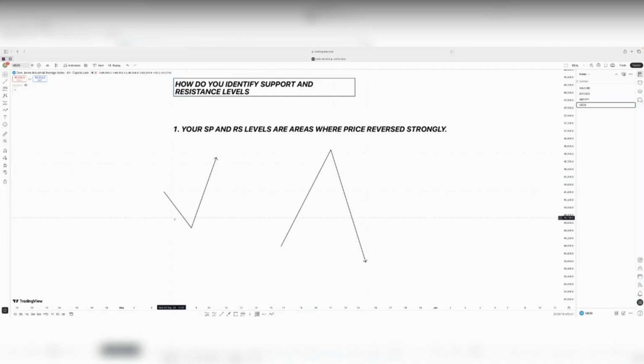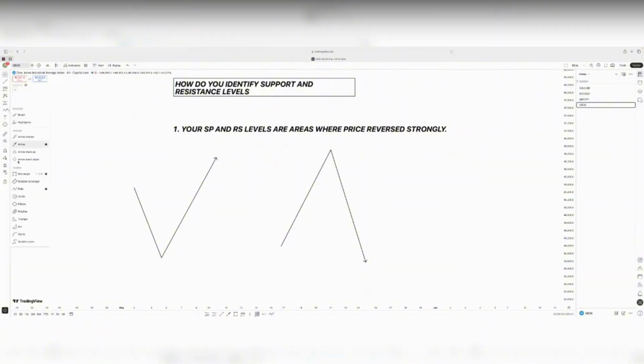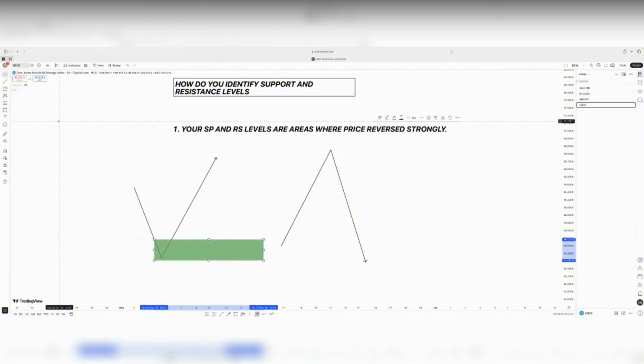Now, if on the chart, maybe in an uptrend, price makes a sharp U-turn, these areas where price has reversed previously act as support.